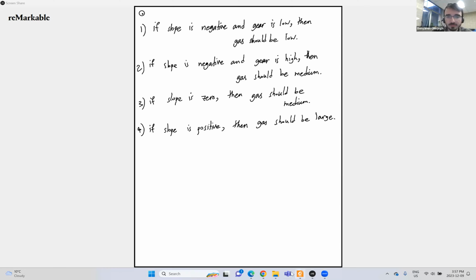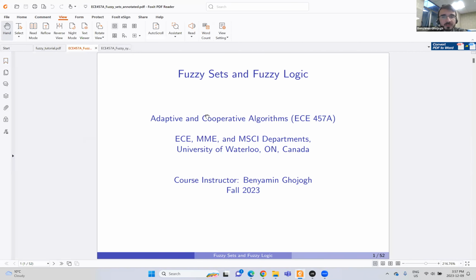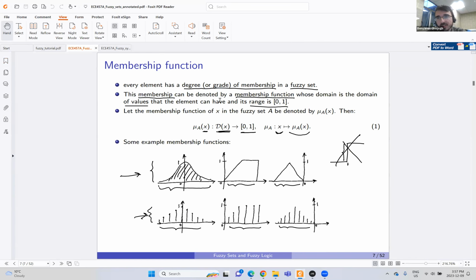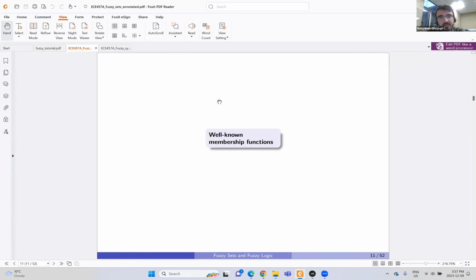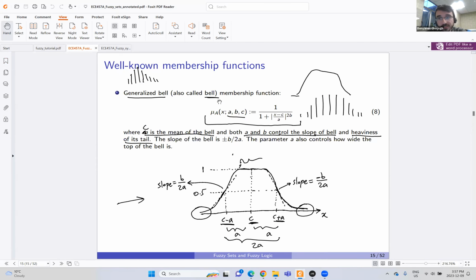So first, quickly, let's see what we saw in fuzzy logic and fuzzy systems. For fuzzy sets and fuzzy logic, we went through the fuzzy sets in contrast to crisp sets. And then we said that we have a membership function, we had the symbolic representation, and then we talked about the membership functions in the lectures, right?